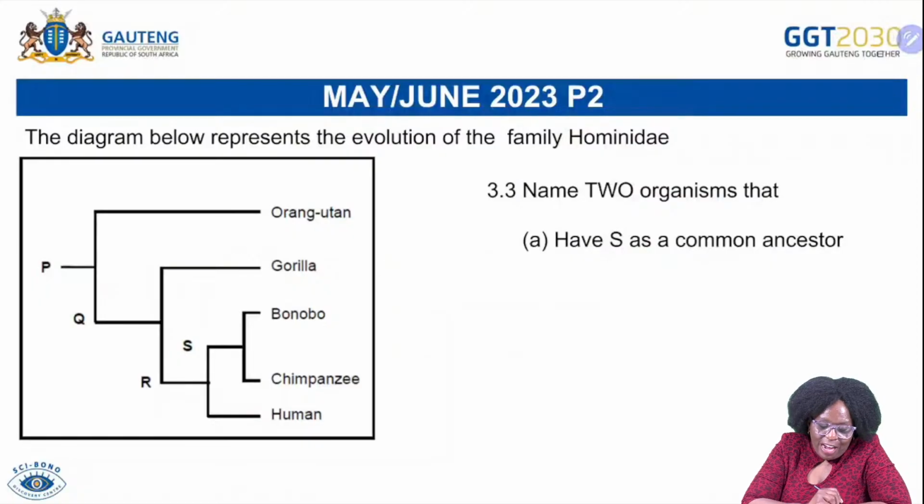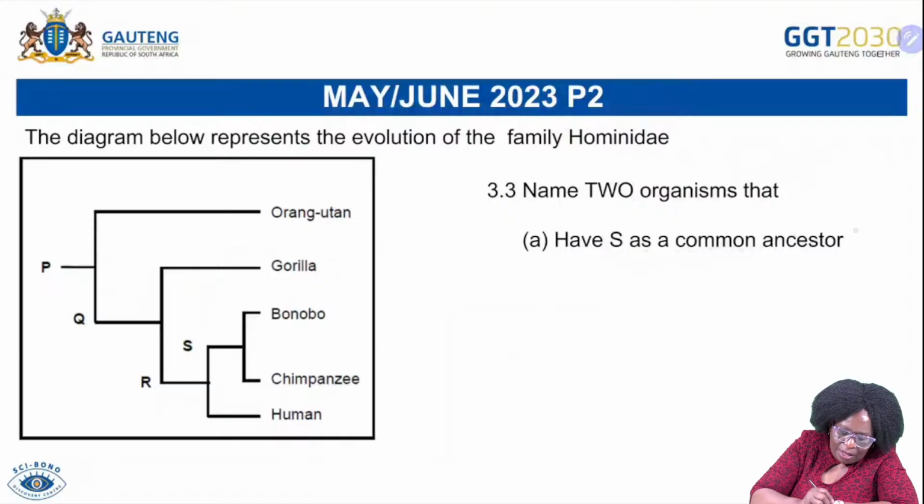Again, on the phylogenetic tree or cladogram, name two organisms that have S as a common ancestor. So you come to this cladogram or phylogenetic tree, and you name two organisms that have S as a common ancestor.